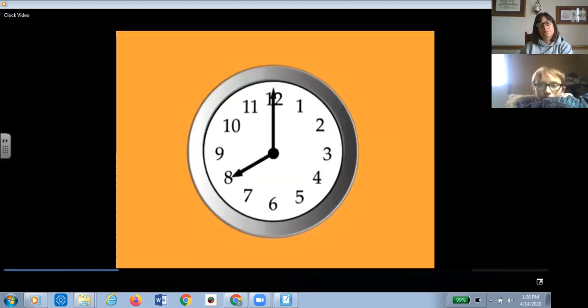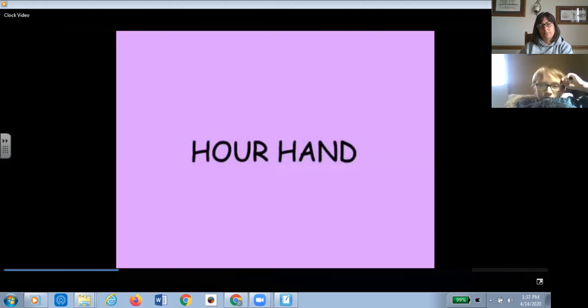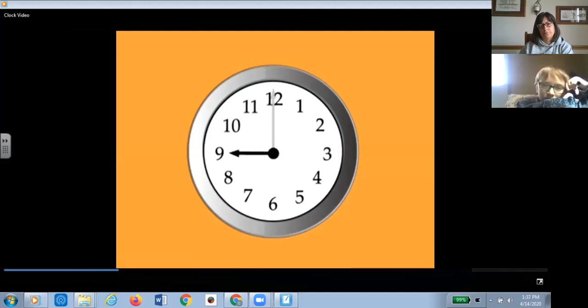These are the hands of a clock. The hands of a clock move to the right. The hands move clockwise around the face of the clock. Clockwise is in this direction. This is the hour hand.